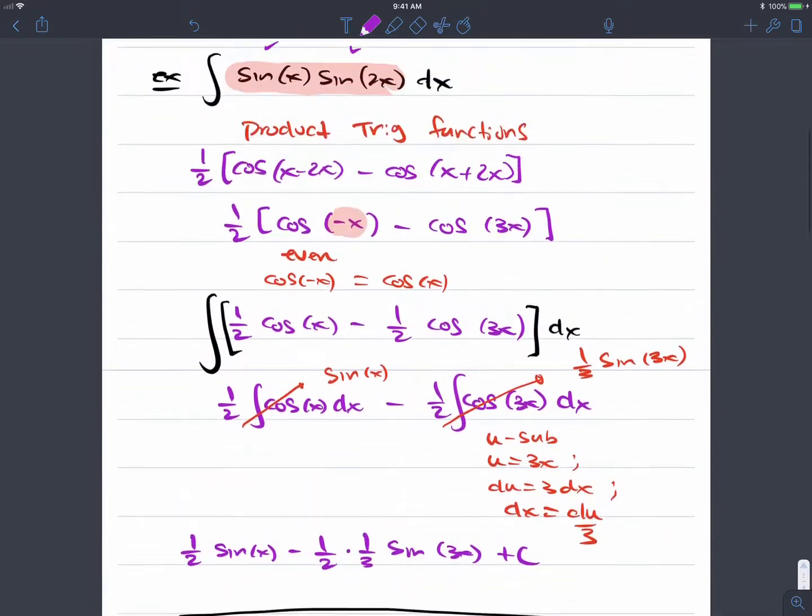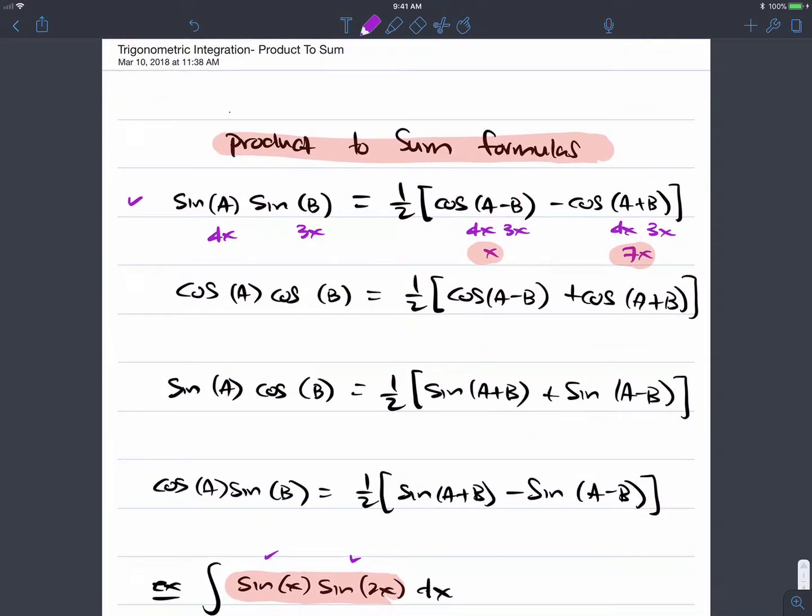So let's go back here. And we're going to now use cosine 2x cosine 5x. So there's a 2x here, there's a 5x here. We're going to replace that right inside for my a and b, 2x and 5x, just like we did over here.